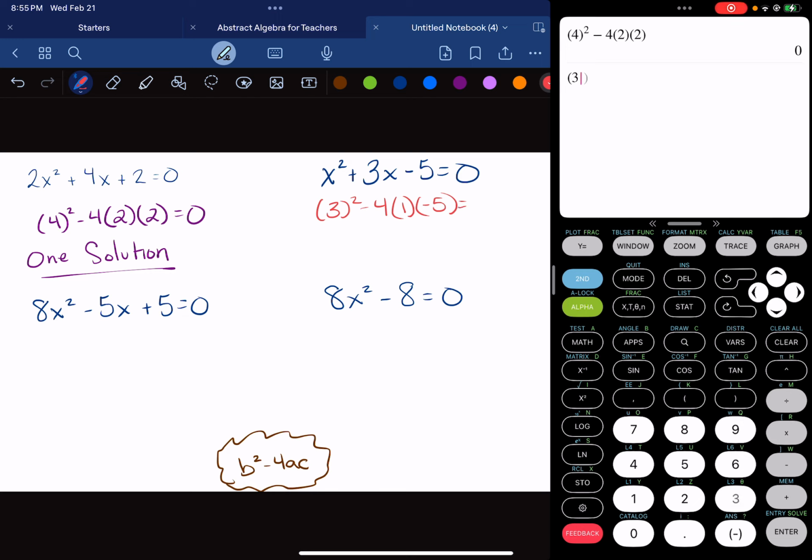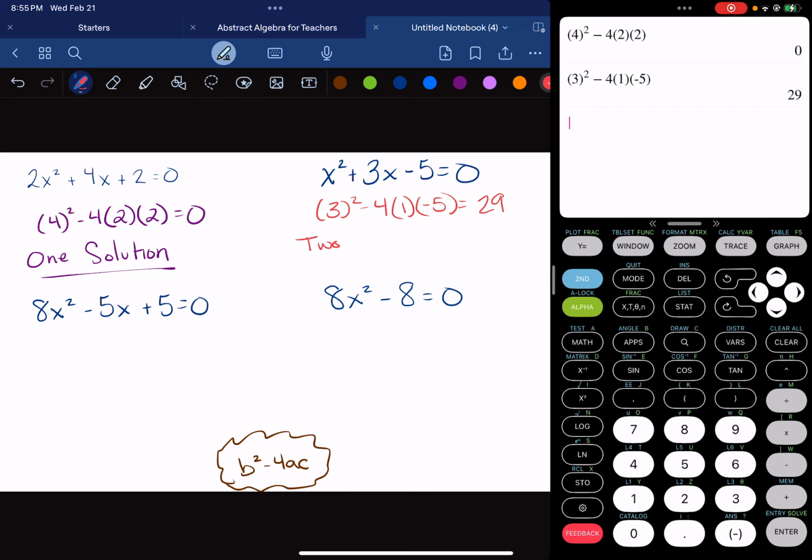Again, this is calculator work here. You can do this in your head if you want, or the long way, but I choose to use a calculator, and I get 29. Okay, 29 is a positive number, which means we have two real solutions.